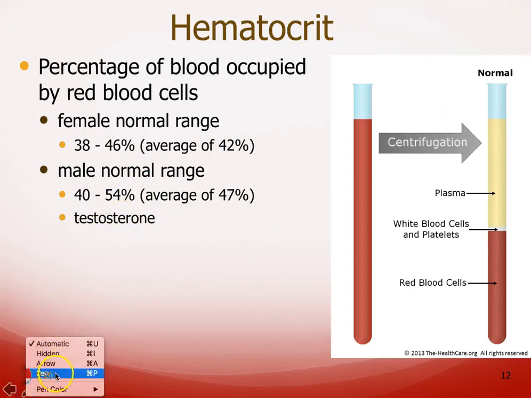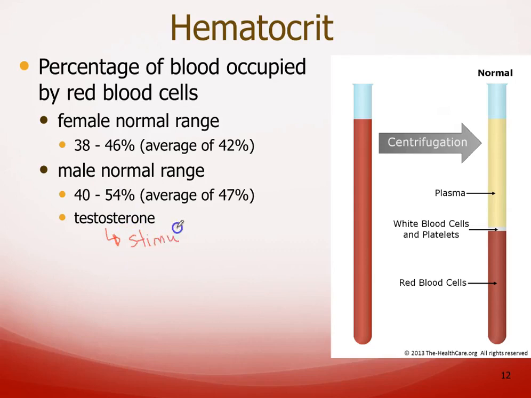Let's see, hopefully I can write better right now. It's due to testosterone. And the reason being, oh, geez, I'm back in the red color again, is because testosterone stimulates a hormone called erythropoietin.